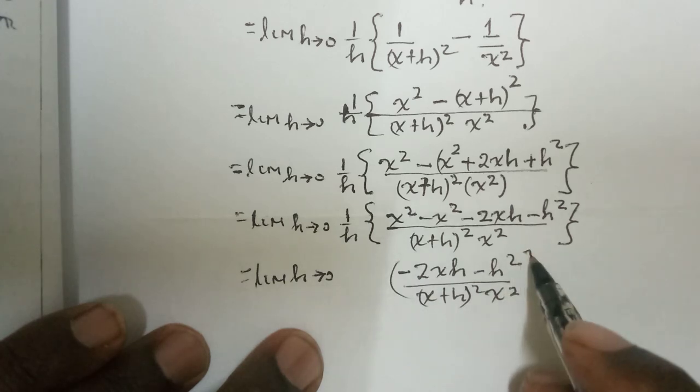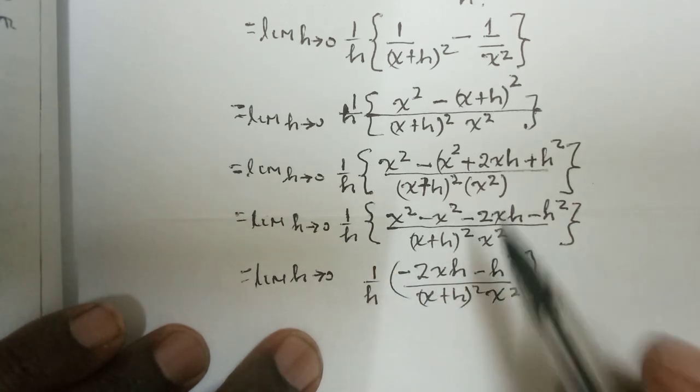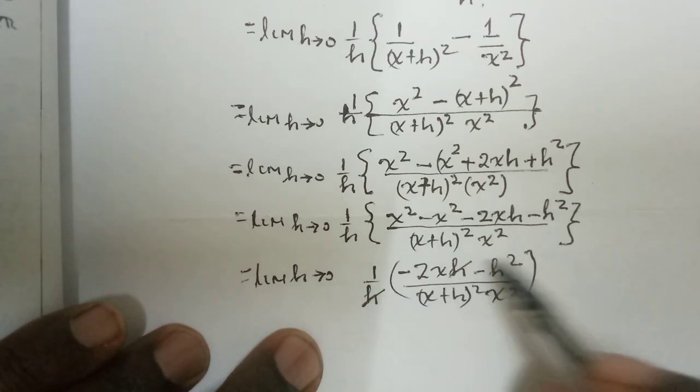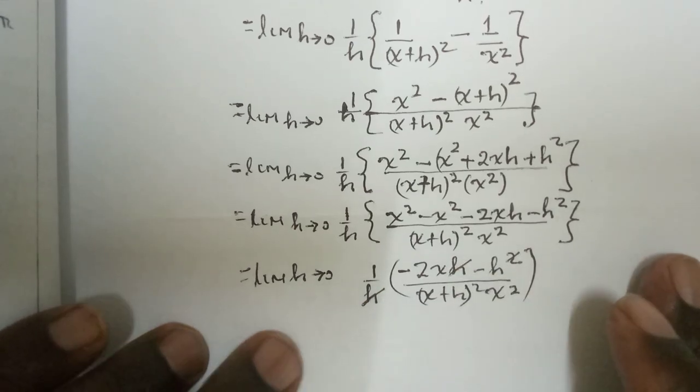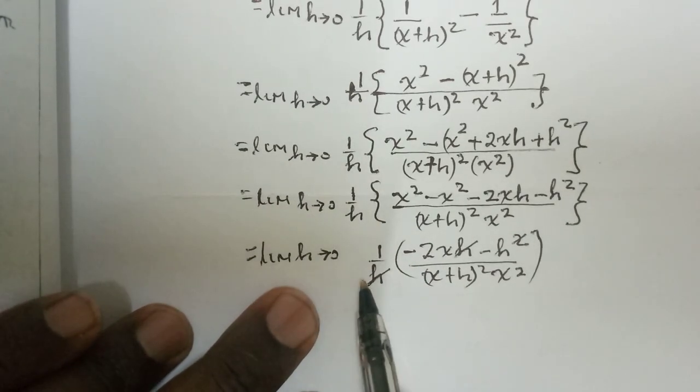Then we have here 1 over h. The h will cancel here, and will cancel that, and will cancel 1 of the h. And so this gives us limit as h tends to 0.